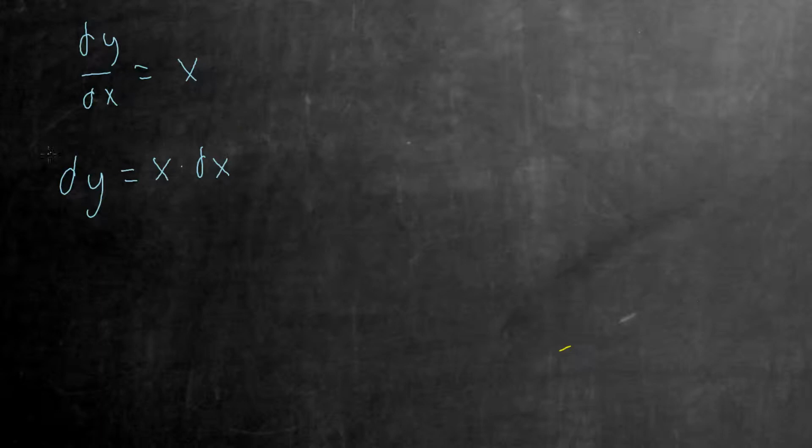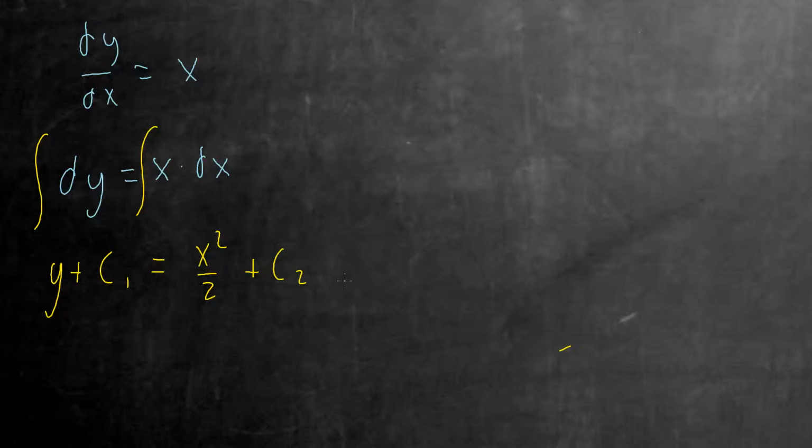Always the next step is to integrate both sides. And I think we should start seeing that the integral of dy is just y. We talked about this a little bit last week, but this c1, the integral of x, is x squared over 2, or 1/2 x squared, plus c2.